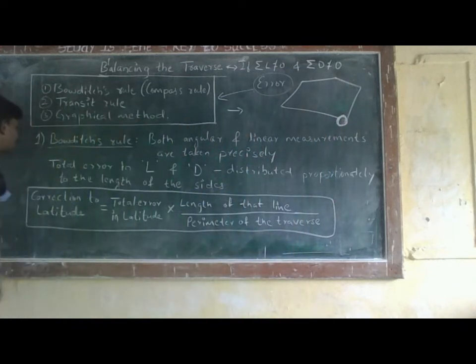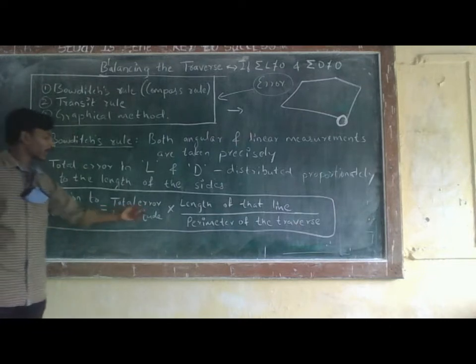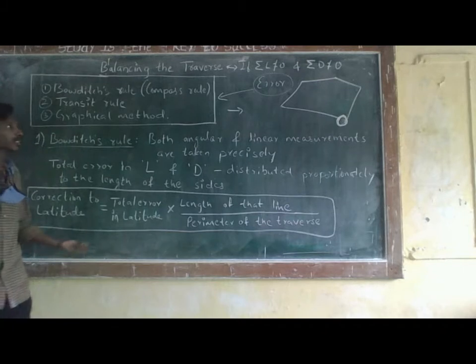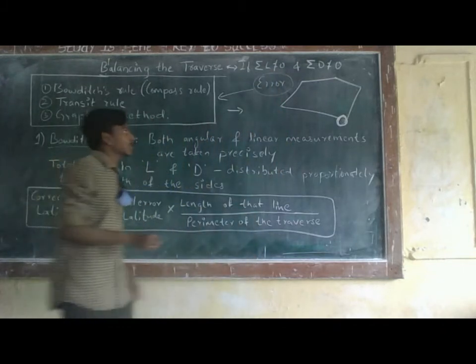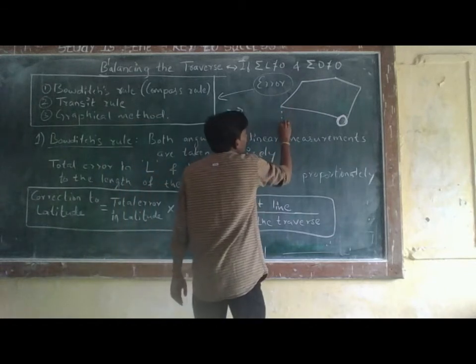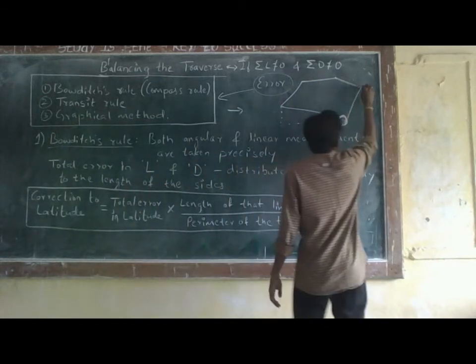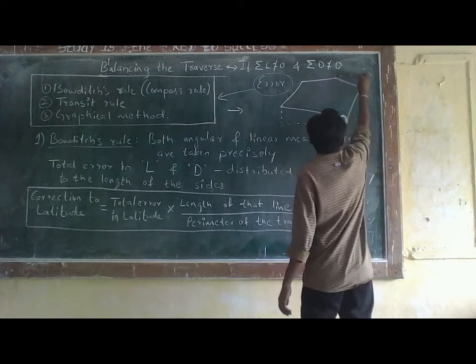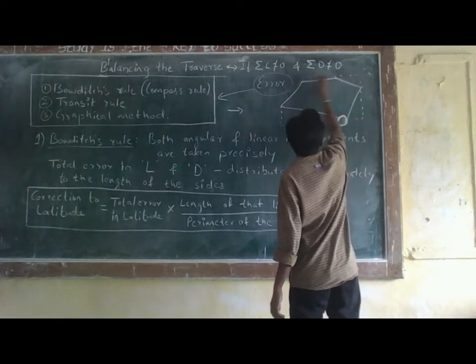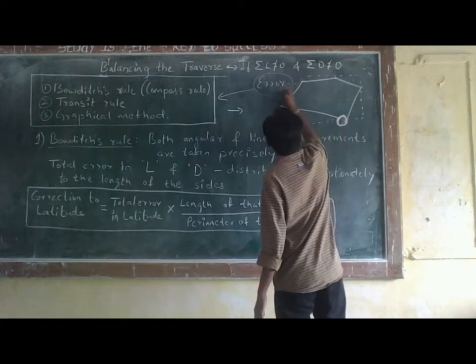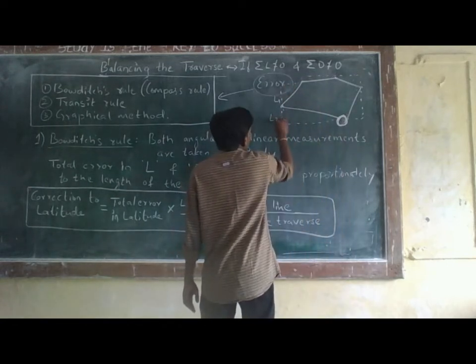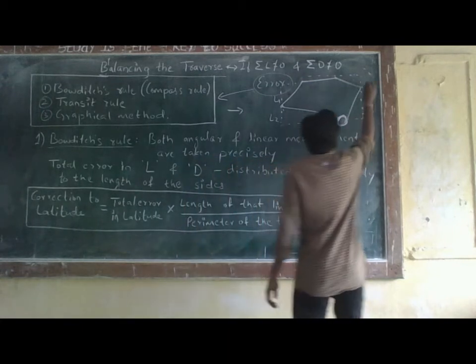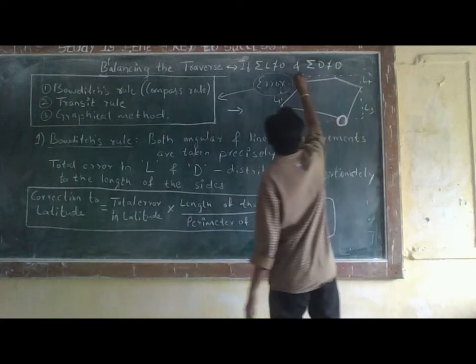So the formula is: correction to latitude is equal to total error in latitude. Total error in latitude means the summation of all the latitudes. Here you have latitude and departure for all the traverse sides. You have latitude 1, 2, latitude 3, latitude 4 and latitude 5.